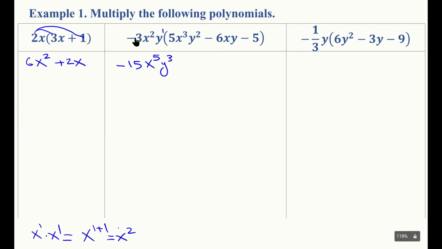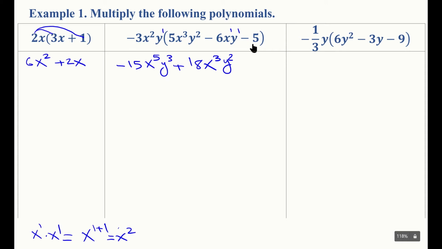Now we're going to multiply negative 3x squared y by negative 6xy, so we end up with positive, because negative times negative gives us positive 18 x squared, and we have invisible ones on both of those, times x to the 1, so that becomes x to the 2 plus 1, so that's x cubed, and then y to the power of 1 plus 1, which is y squared.